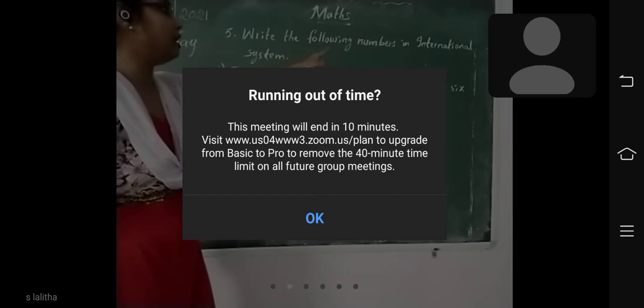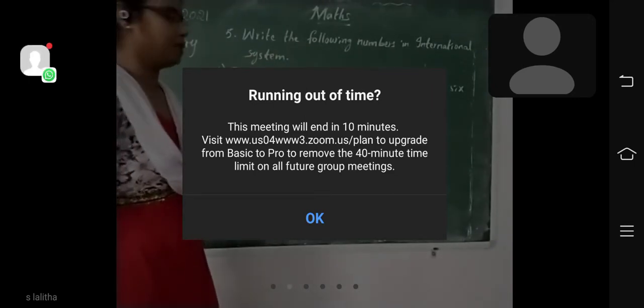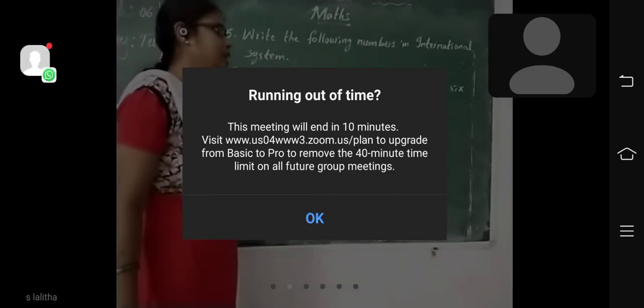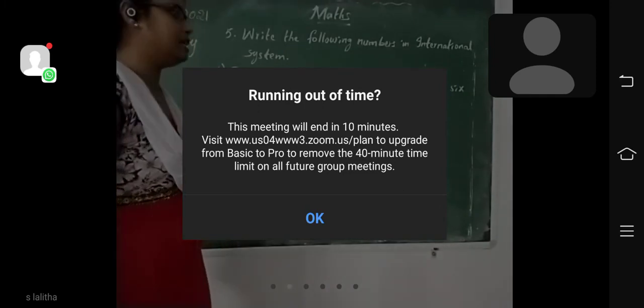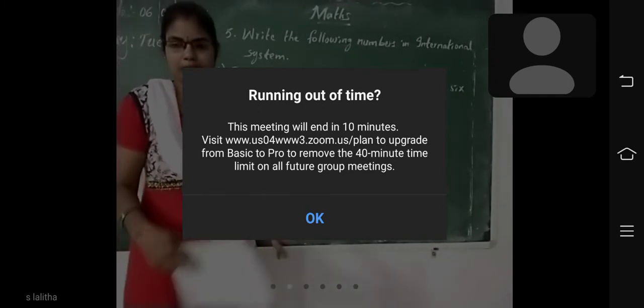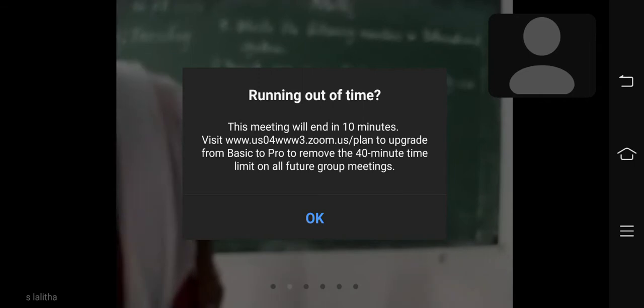Write the following numbers in international system. Here the number name is given in the Indian system. You should write the number in the international system. Don't write the number name. Just write the number.